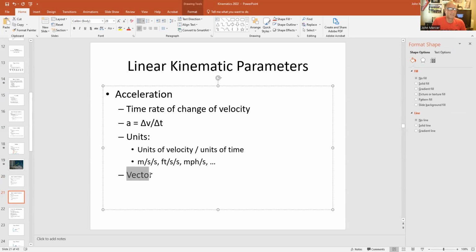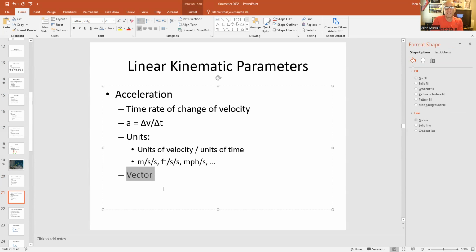Acceleration is a vector. It's represented by magnitude and direction. And we are going to spend a lot of time understanding this vector because it's really important to understanding human movement, or movement in general. I'm sure you have heard Newton's second law, sum of forces equals mass times acceleration. There's the acceleration parameter. We need to understand acceleration to link to our kinetic world.